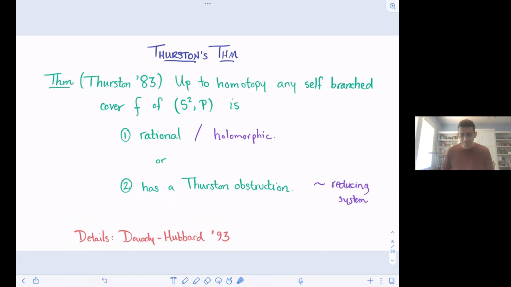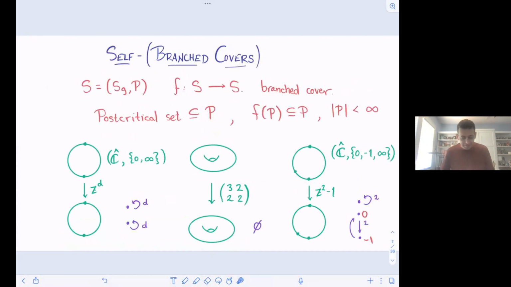What does homotopy mean in this sense? Is the branching set preserved somehow? Exactly. Yes, the homotopy has to fix it. So when you have a branched cover, you can have another copy of this over on the left, and two of these are the same if they differ by maps that fix the set P and are homotopic to the identity on the top and bottom.